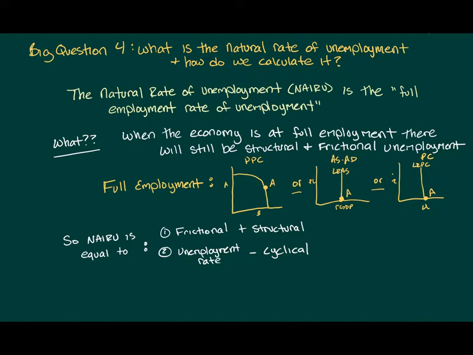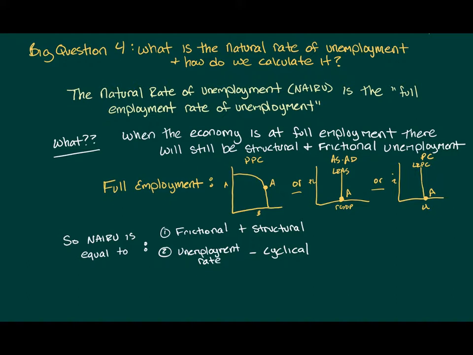Even though they don't know these other two graphs yet, I might go ahead and show them so that it makes sense when they go back. I'll also draw the aggregate supply and aggregate demand model and show them that the level of productivity shown by the long run aggregate supply curve will also tell you that we're at full employment. So if I'm producing at potential productivity, or YP, that's full employment.